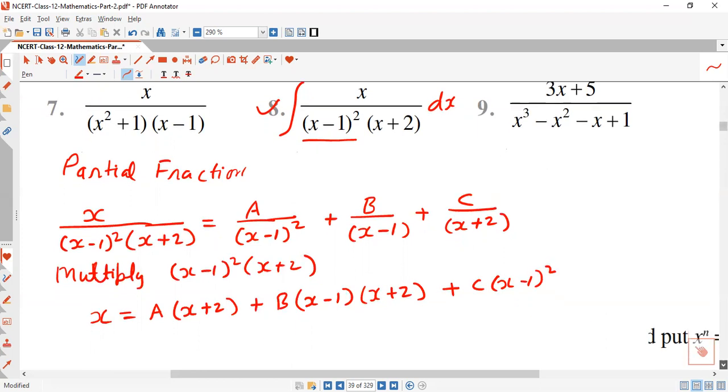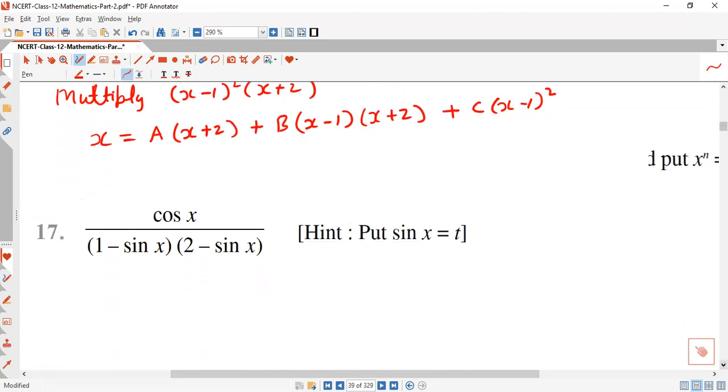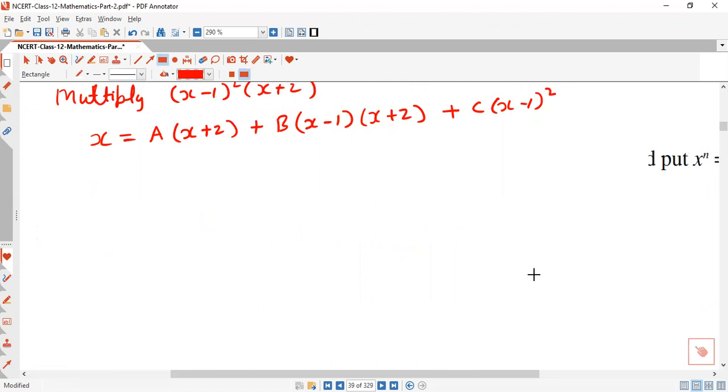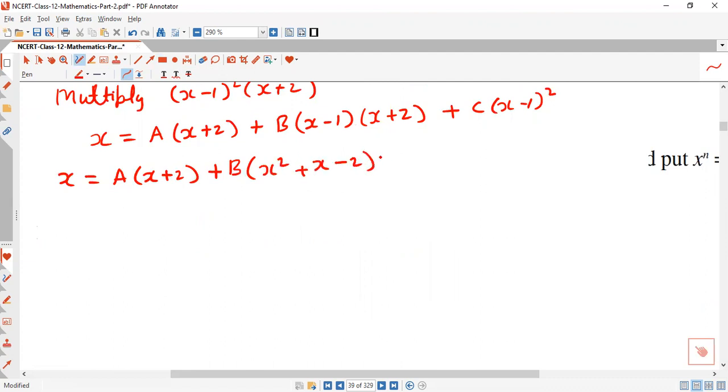So now we have to find the coefficients A, B, C. That is what we are interested in. For that purpose, I will simplify this one. x equal to A(x plus 2) plus B(x square minus x plus 2x... that is x square plus x minus 2) plus C(x square plus 1 minus 2x).